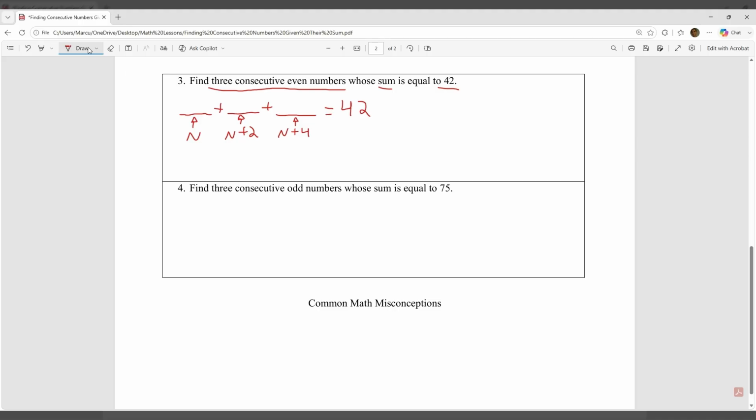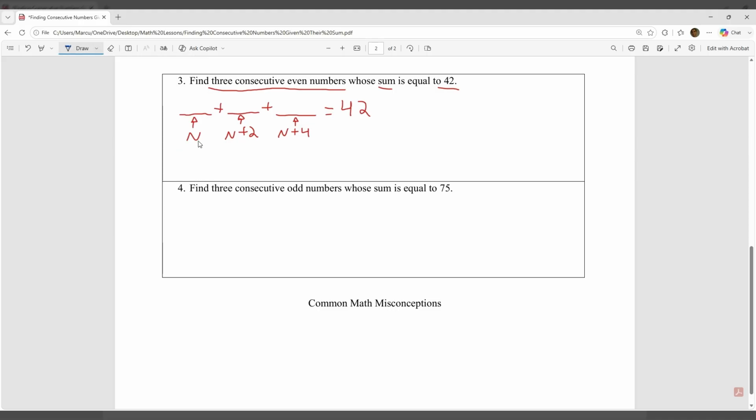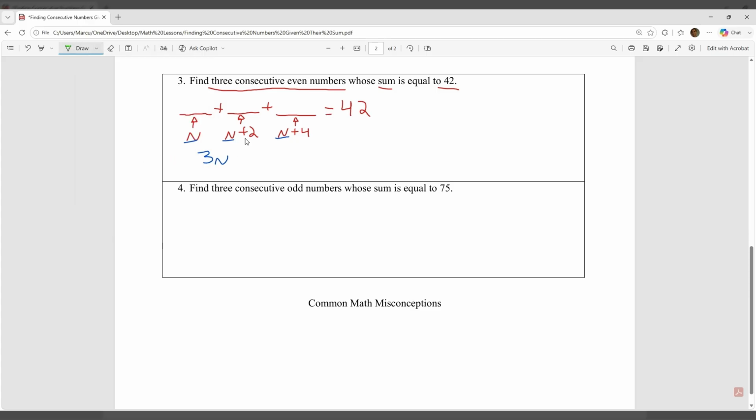So we're going to combine like terms, similar to what we did on the previous questions. So we have 1n, 2 n's, 3 n's here. So that's 3n. And then we're going to get 2 plus 4, that makes 6.